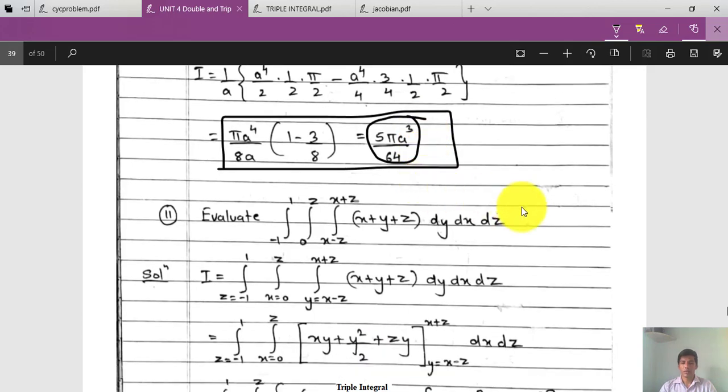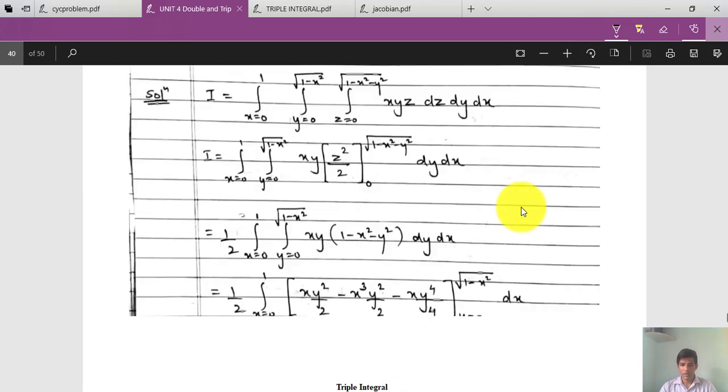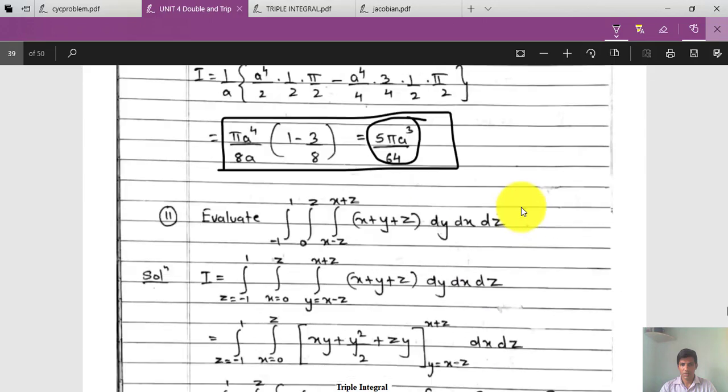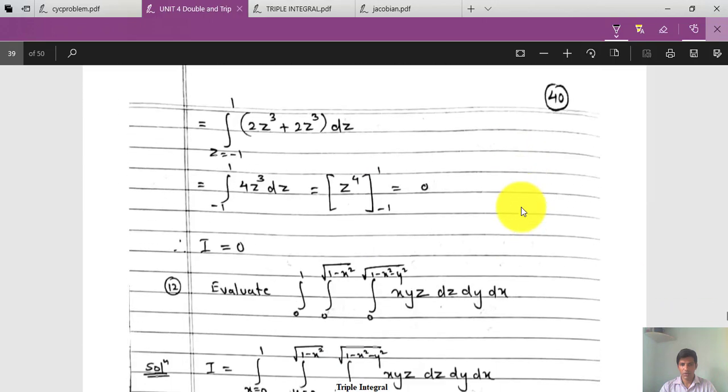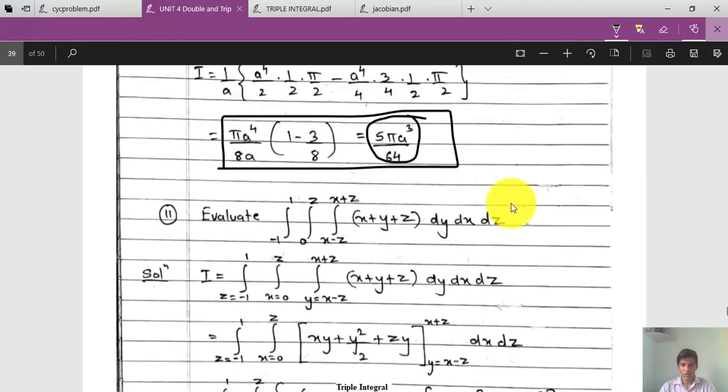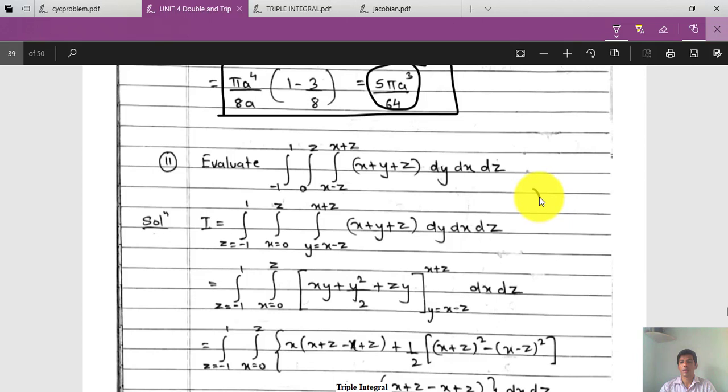Now, let me check whether I can give this for homework. Yeah, this you can do for homework. Very simple. See here, xz, so obviously here y is equal to z, right?